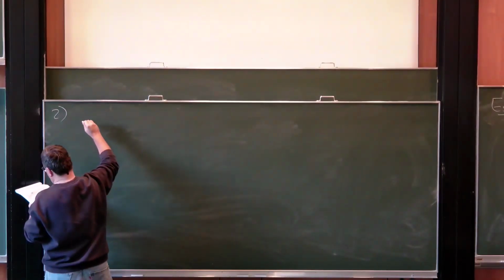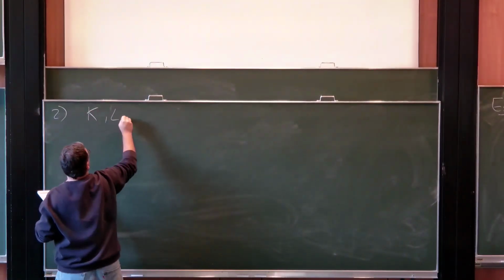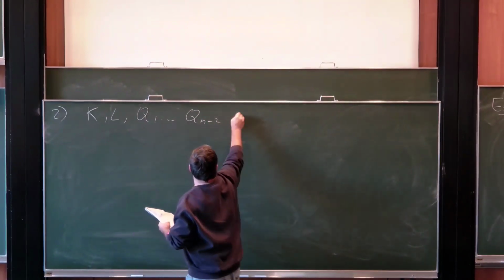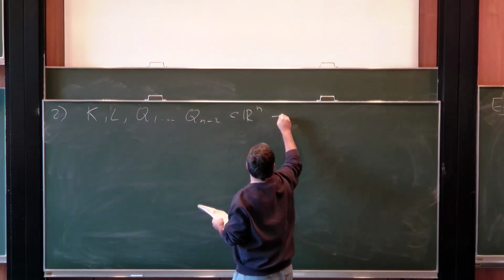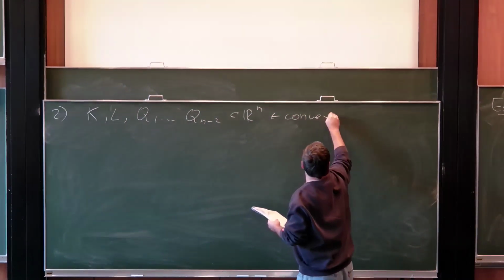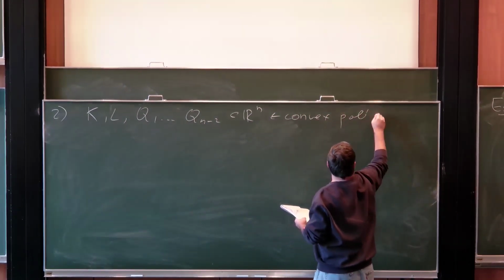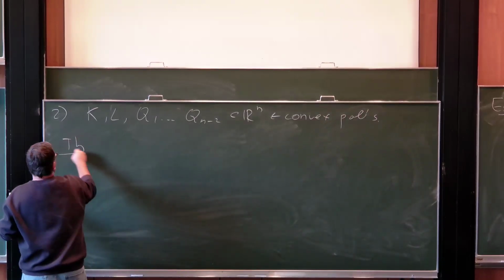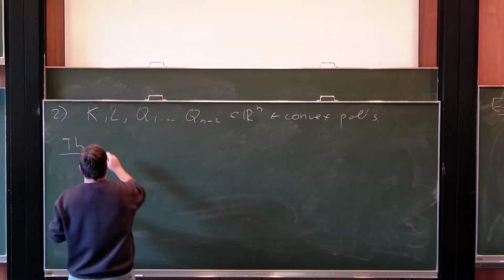So the statement: let K, L be convex polytopes in R^n. I'm going to slowly try to write the theorem.